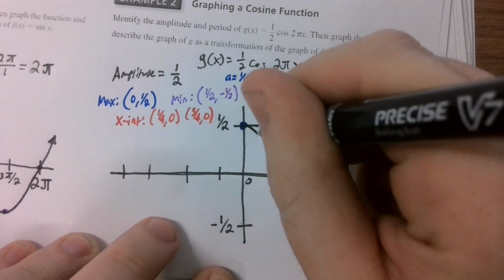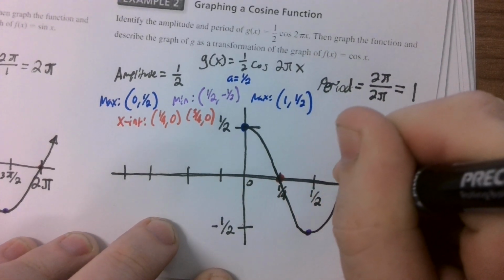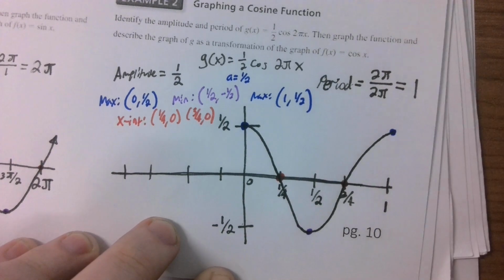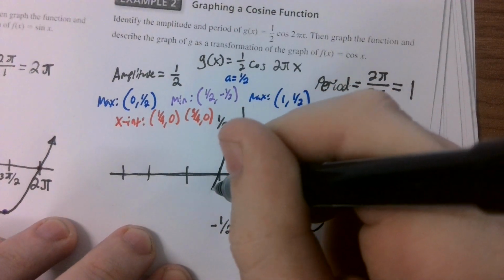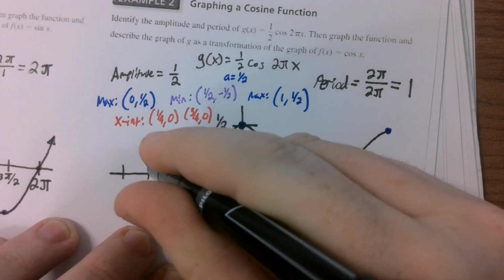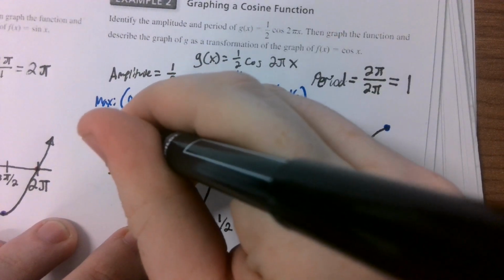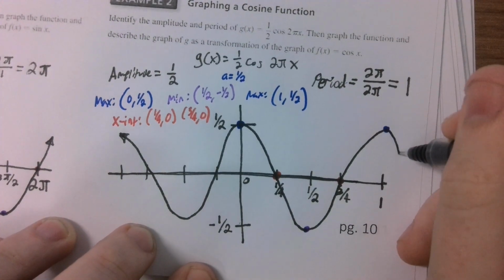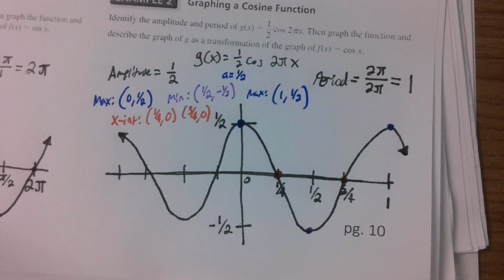So it goes down, then way down, then back to the middle, then back to the top. On the other side, it'll go down, then way down, then back to the middle, and then up. And of course, it's going to continue forever in both directions. That's our cosine. Done.